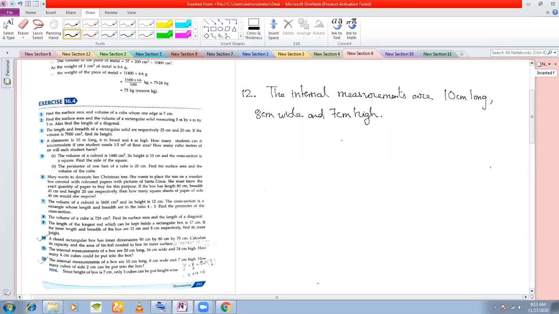Now, this kind of a question I had discussed with you last year, if you remember. You have a box which is this much. Let me just draw it for an idea. You have this box here, and in this box, you have to accommodate some cubes. You have to keep some cubes in this box.